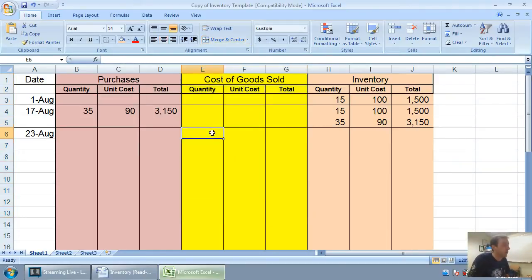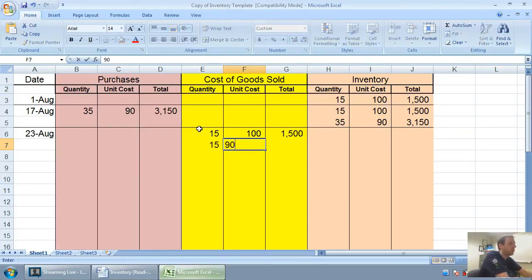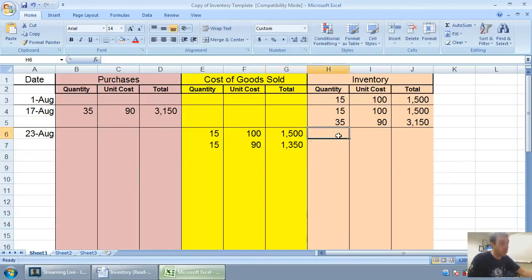And the answer to that question is, well, we're doing FIFO, first in, first out. So I must have sold my oldest units first. My oldest units are these 15 at $100. Well, if I sold 30, I must have sold all of those, 15 at 100 for 1500. And then, again, I sold 30, so I must have sold 15 more, and they must have been 15 of the $90 units. And 15 at 90 is $1,350.